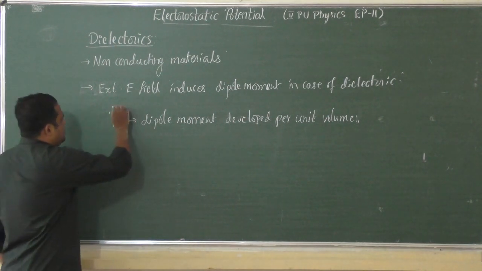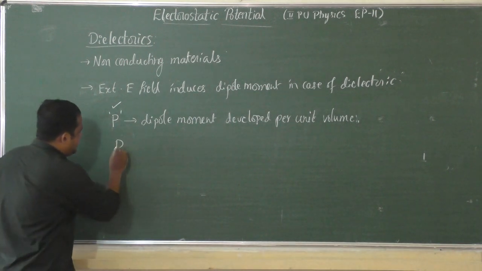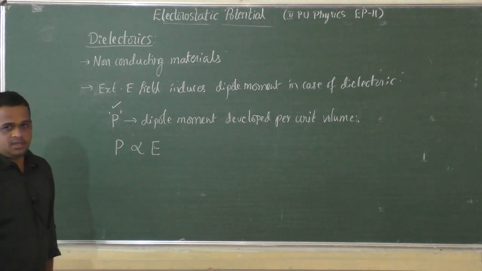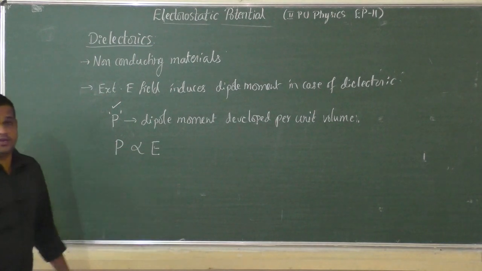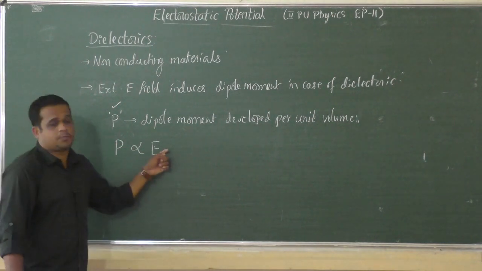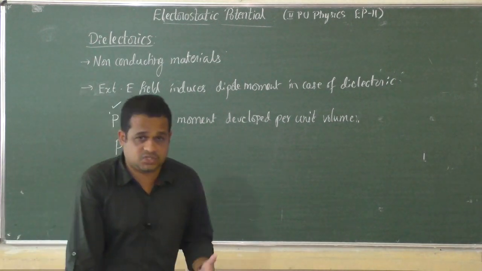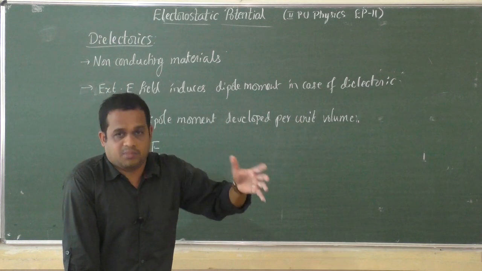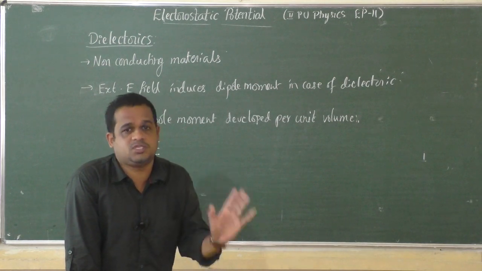Now this value of P, the dipole moment developed per unit volume of the substance, directly depends on the strength of the electric field. Dipole moment developed per unit volume is directly proportional to the strength of the electric field. If the applied field is stronger, aligning the molecular dipoles along the direction of the field becomes easier.